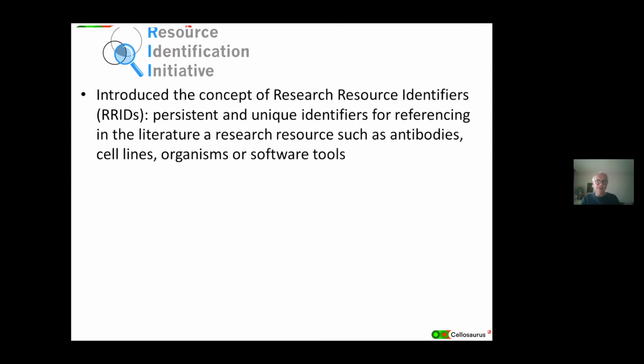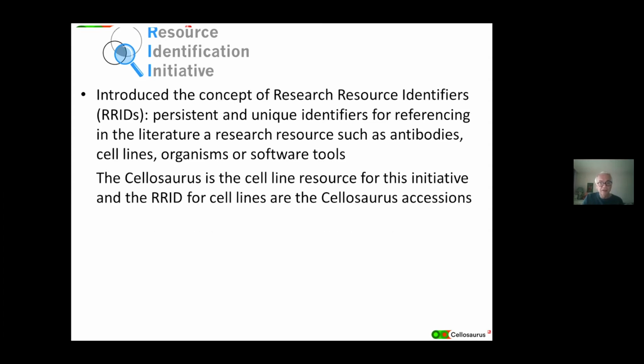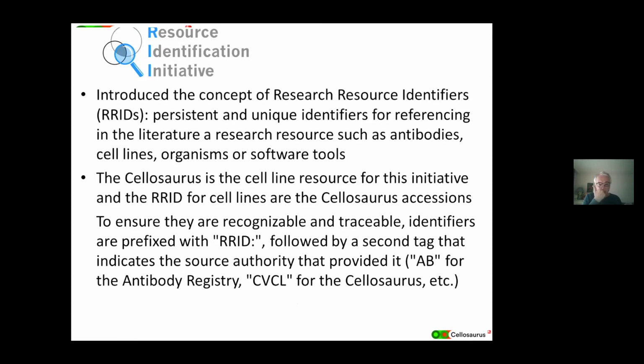So this is an initiative which is trying to get journals to force authors, once they write a paper, to cite those RRIDs so that people can go back to the different resources and see what exactly has been used in a research paper. The Cellosaurus is the cell line resource for this initiative, and the RRIDs for cell lines are the Cellosaurus accessions. And when you want to cite an RRID in a paper, it should be prefixed with the word RRID, followed then by the identifier of the resource.